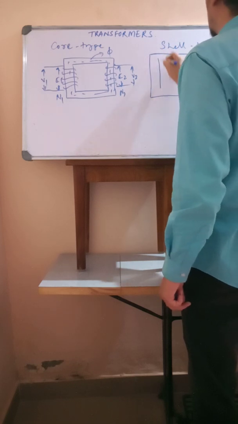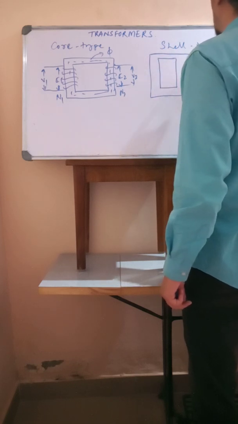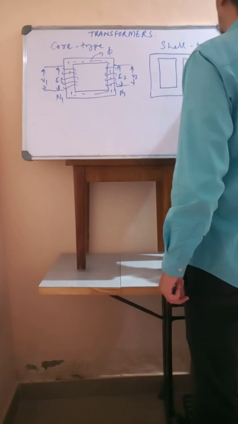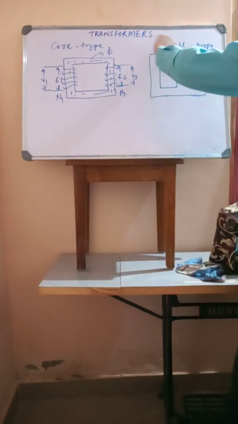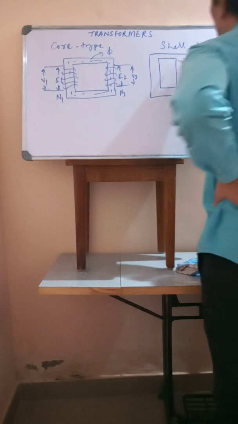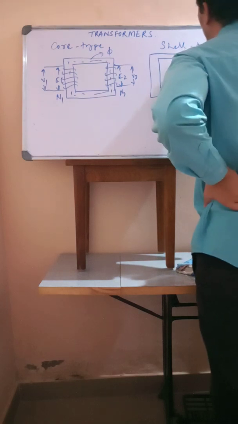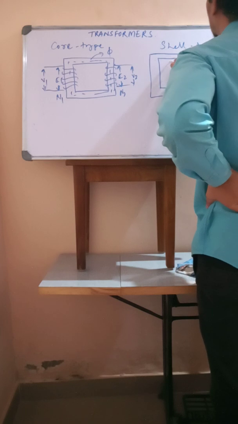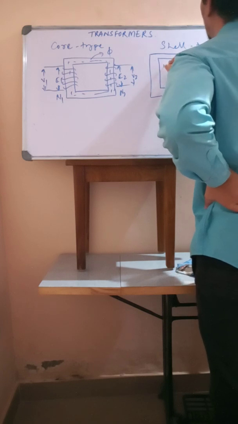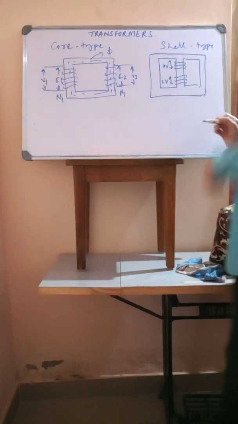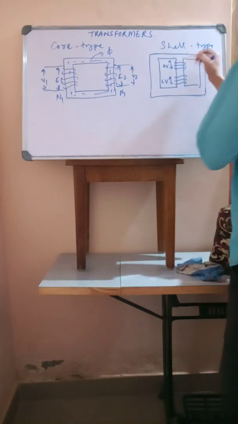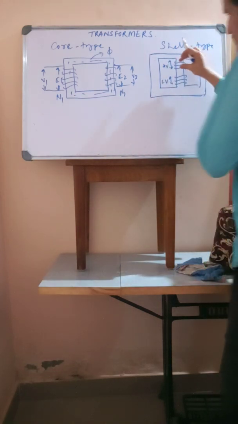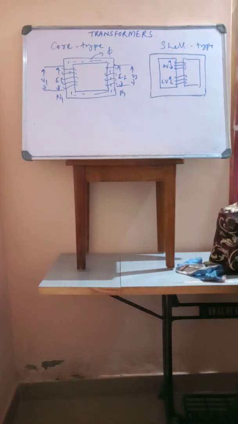Like this is actually the core. Now the windings will be here. So this is HV and this is LV, which means high voltage and low voltage. This is one end terminal and this is one end terminal.